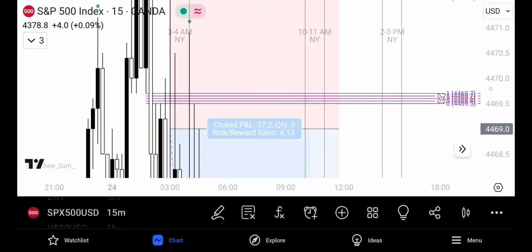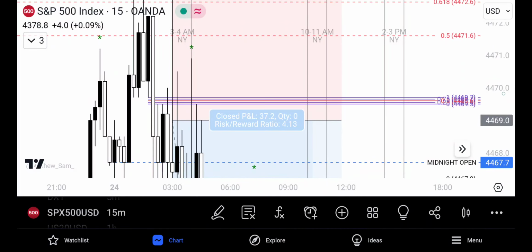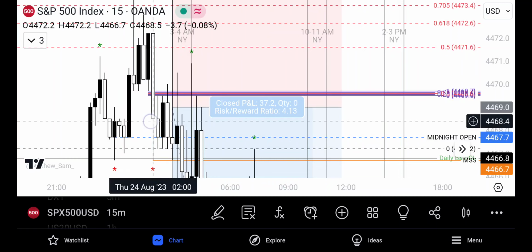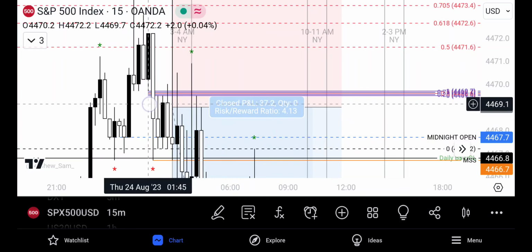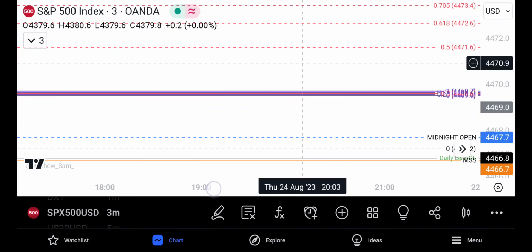That is what I took my trade off of, this fair value gap, the fair value gap of the 2 o'clock candle. Just that 2 o'clock, 1:45. Oh, that's the 15 minute. That's why. Sorry, I need to be on a 3 minute.